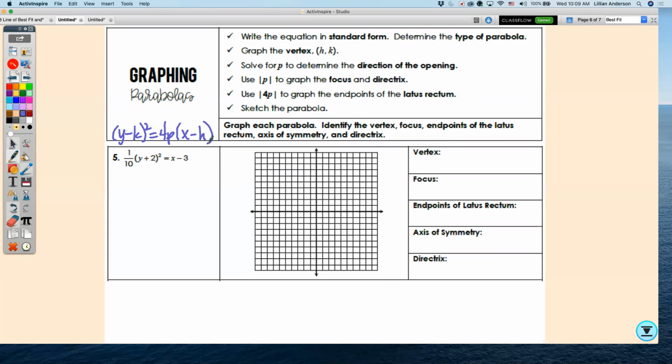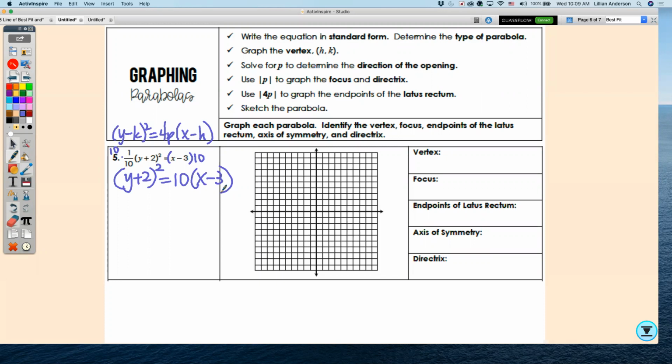How do I bring it to the other side? Multiply it by 10. When I multiply this side by 10, what happens to the 1/10? It cancels out. But when I multiply by 10 over here, I don't want to distribute. I want to leave that 10 on the outside because that 10 is my 4p. So don't distribute it through. You're just going to end up factoring it out later. Okay?